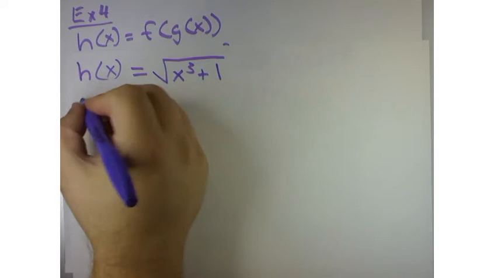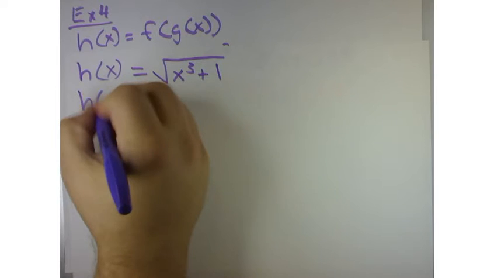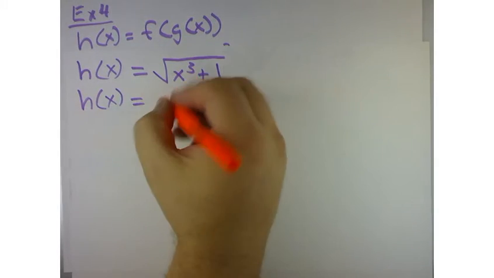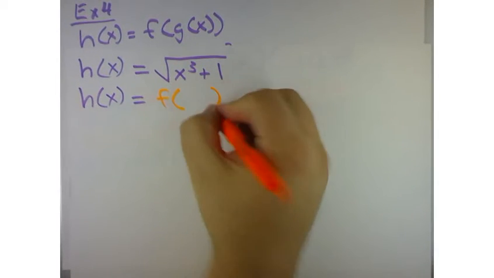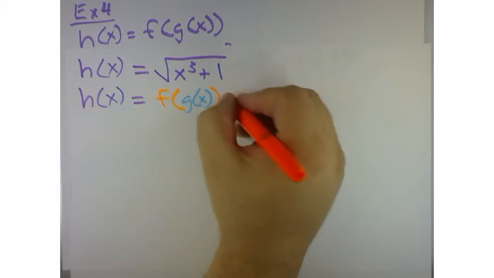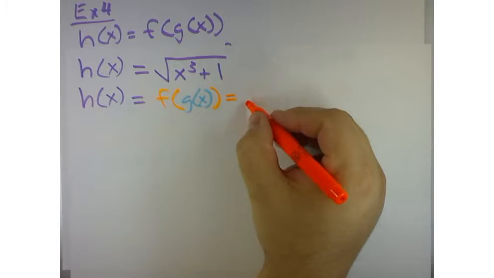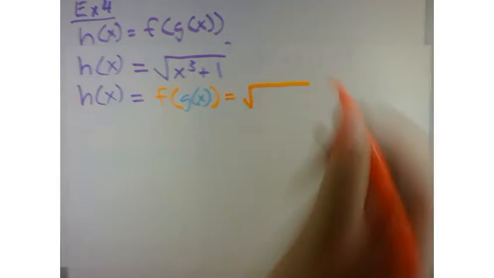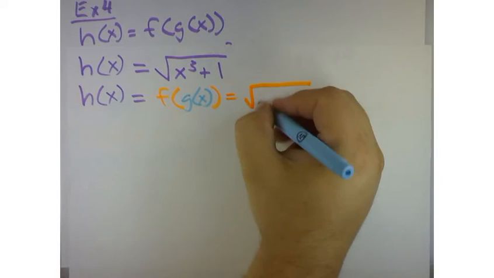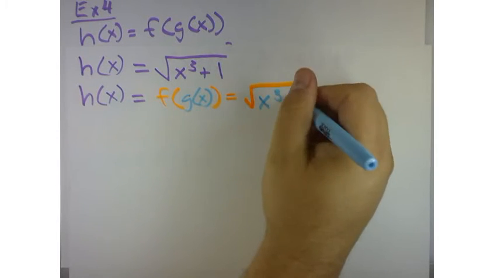And so what we are trying to say is that h of x is equal to f of some function g of x. And so we could write that as, in this case, I'm going to say the square root of x cubed plus 1.